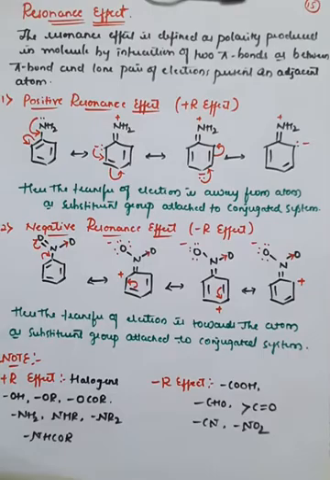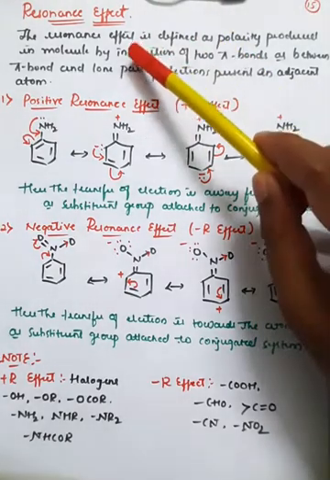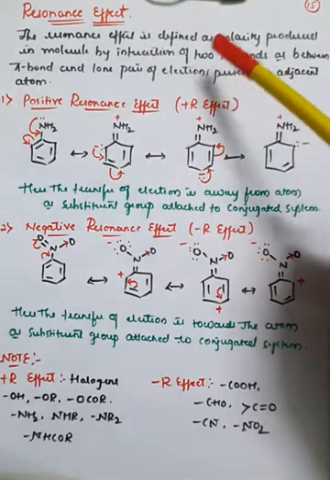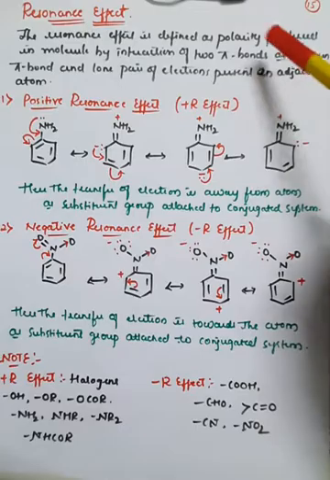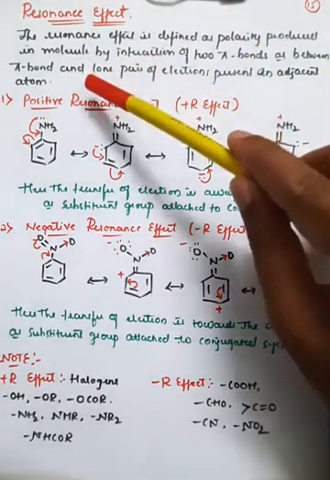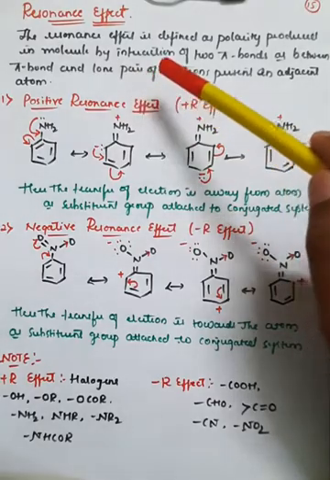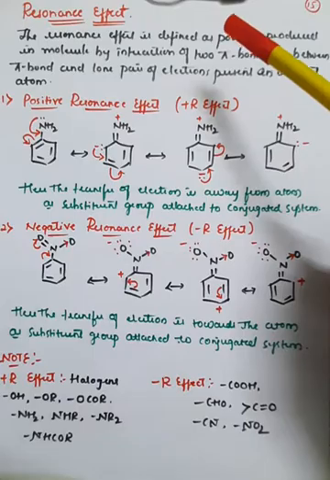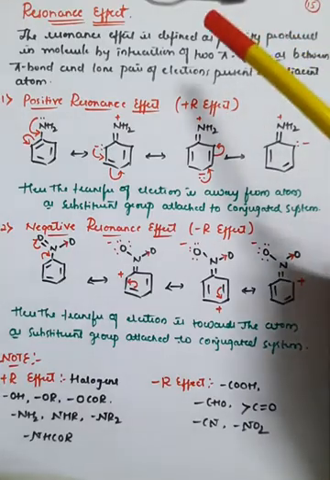If you observe here, the resonance effect is defined as the polarity produced in a molecule by the interaction of two pi bonds, or between a pi bond and a lone pair of electrons.